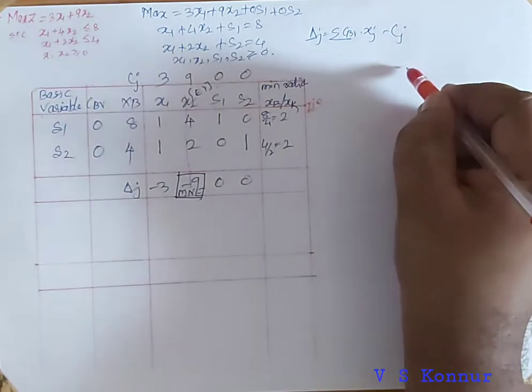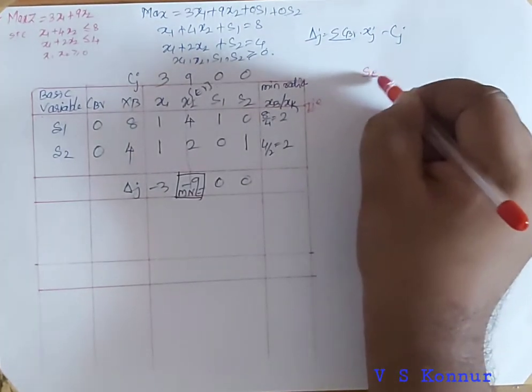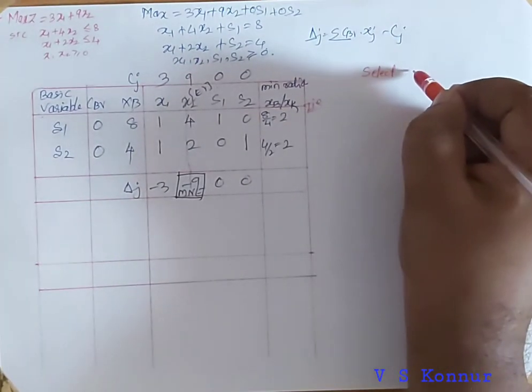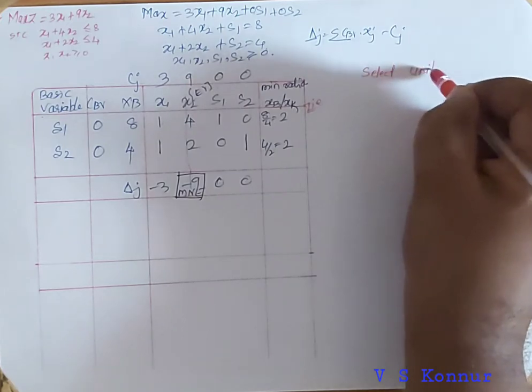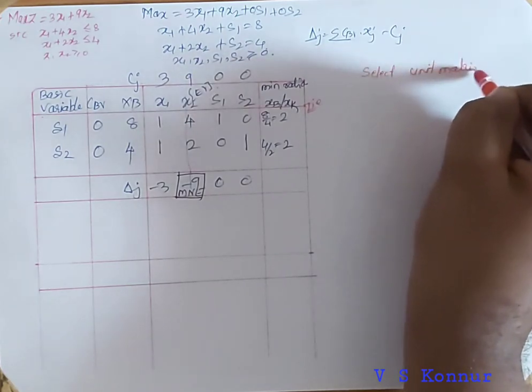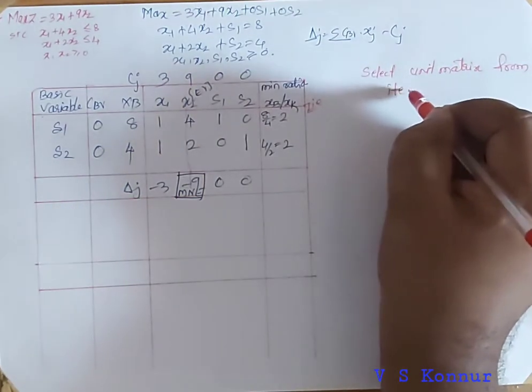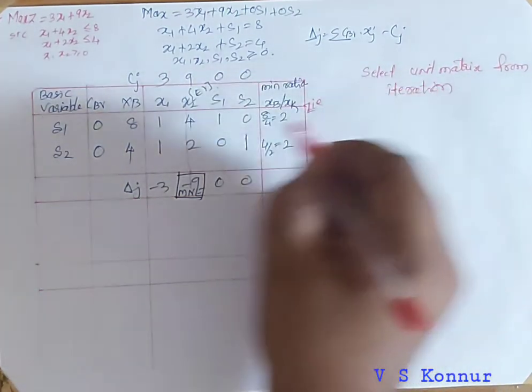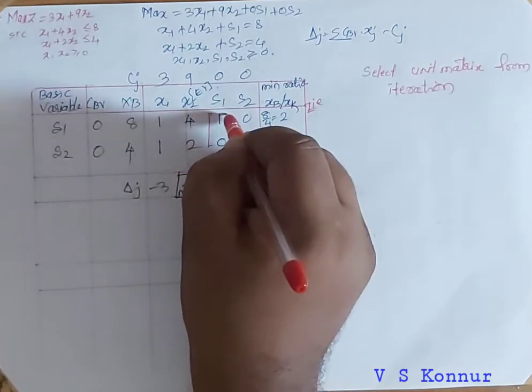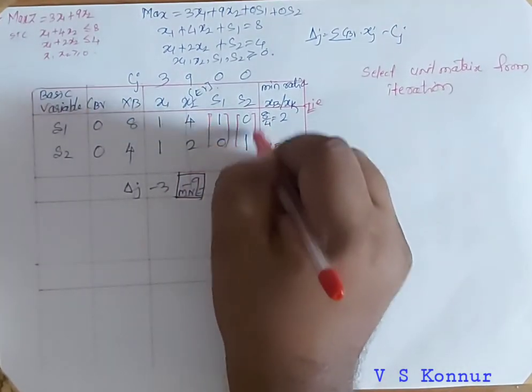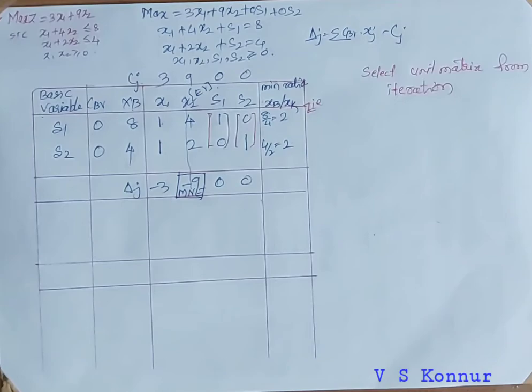When there is a tie, you should select the unit matrix from the iteration. So now I'll select the unit matrix. So this is the unit matrix. Right, 1 0 0 1 is the unit matrix.